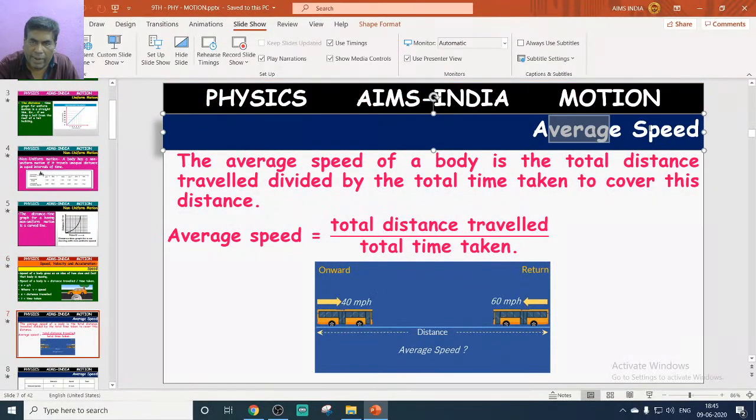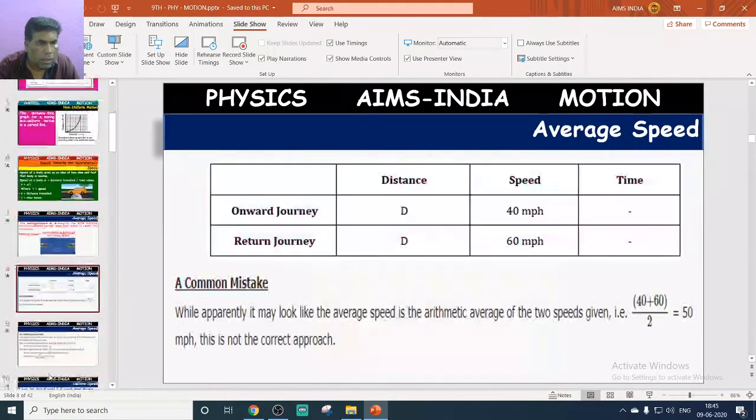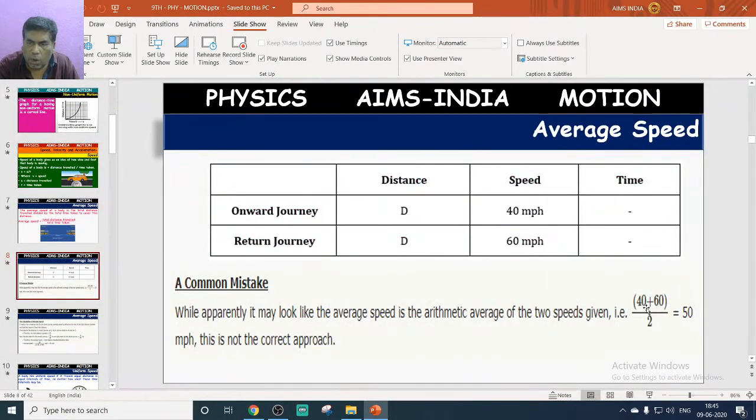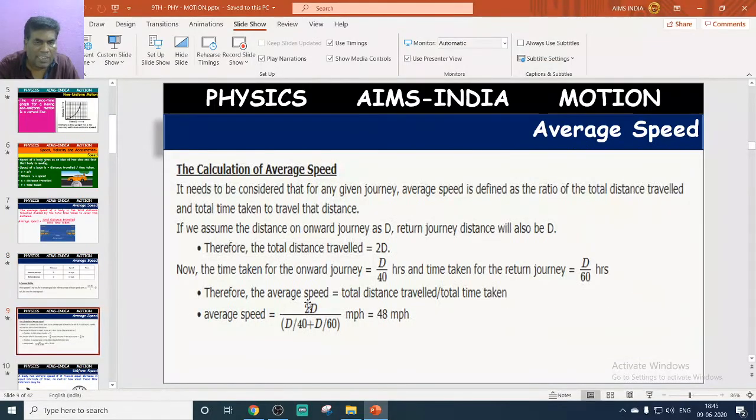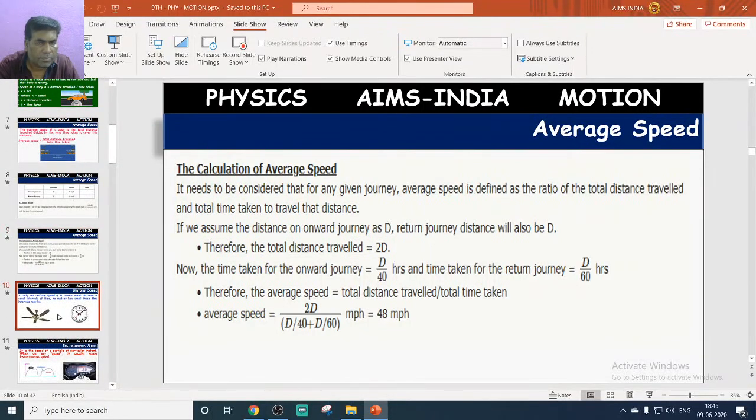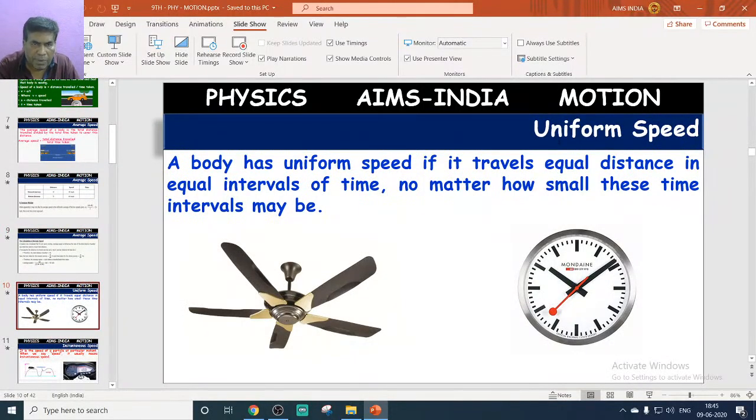So next, what is average speed? Average speed means we should not calculate like this. This is wrong. How to calculate average speed? Total distance by total time. Like that we have to calculate. Uniform speed: the blades of a ceiling fan and the hands of a wall clock show uniform speed.